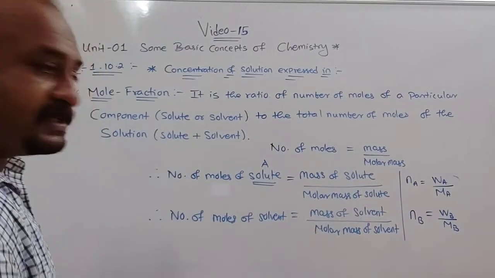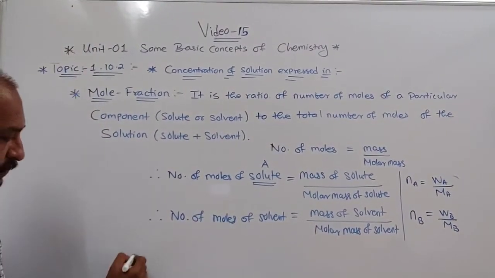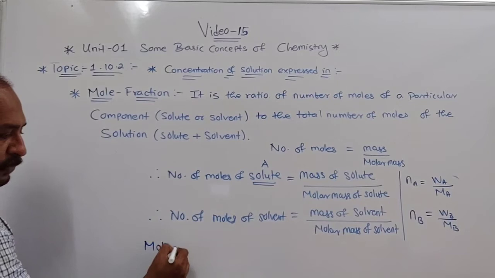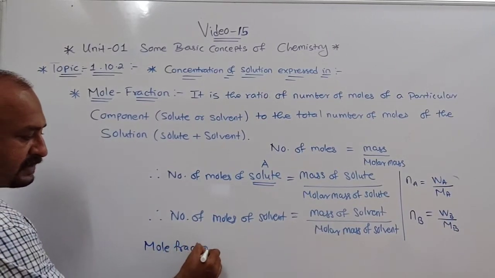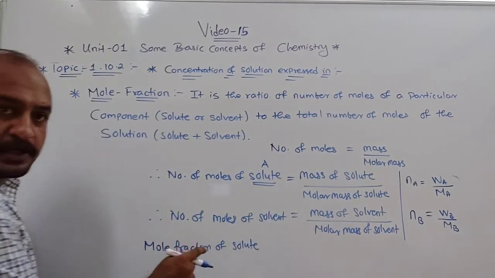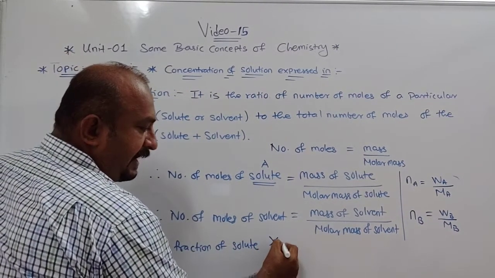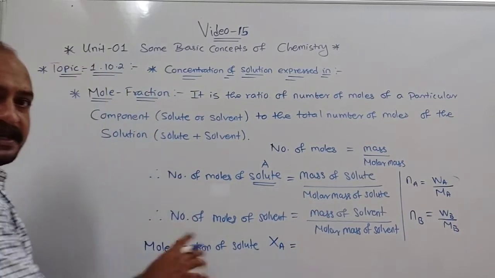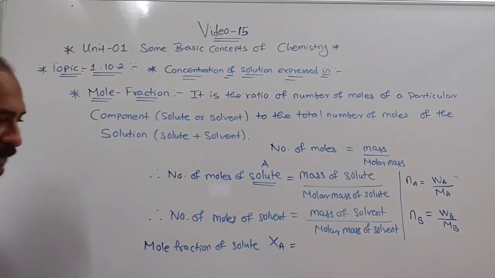Now, what is mole fraction? Suppose I want to find the mole fraction of solute. The mole fraction of solute can be written as XA. XA is the symbol for mole fraction that we are going to use.